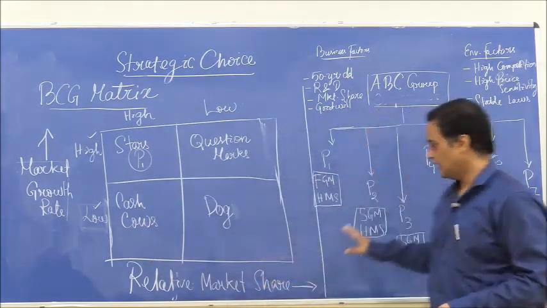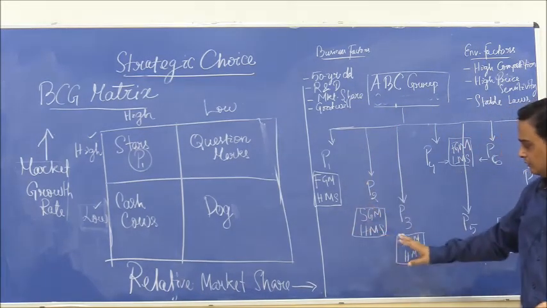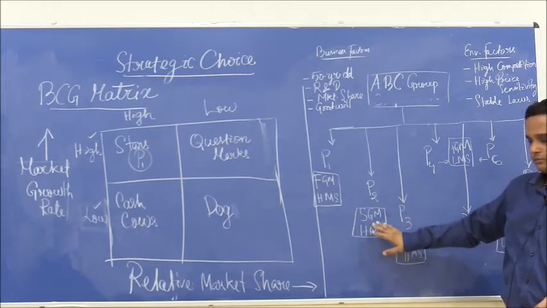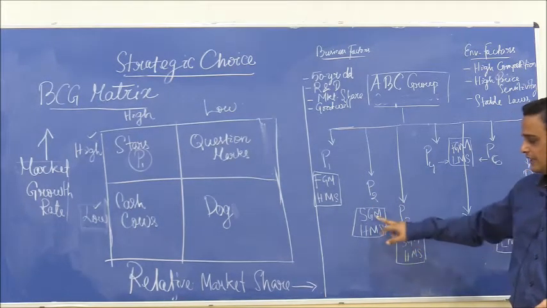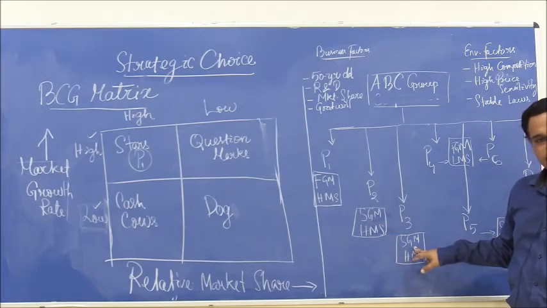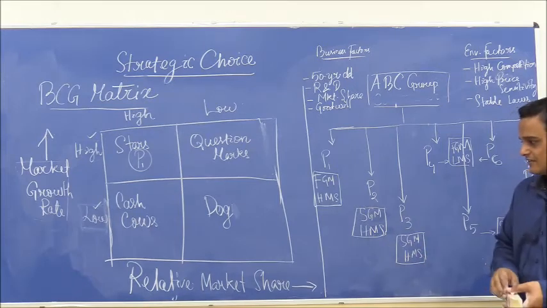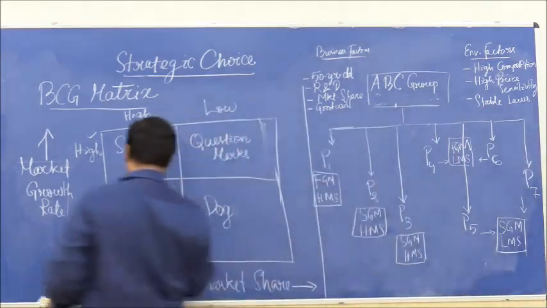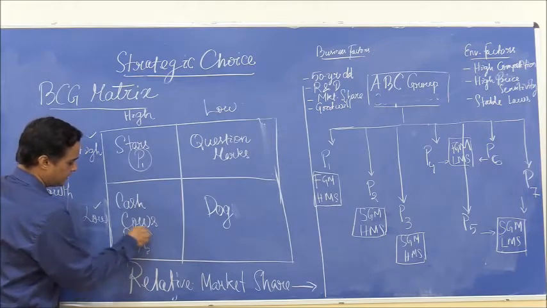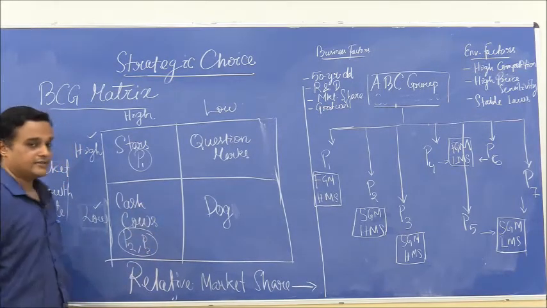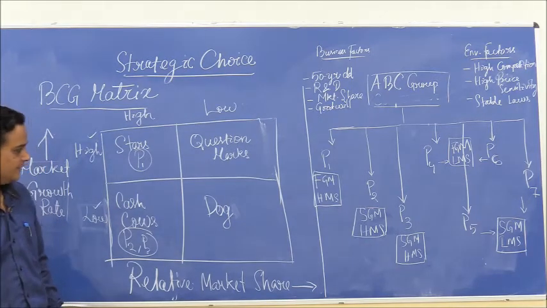So, in this picture of ABC group of companies, we have P2 and P3 as brands which operate in slow growing markets with relatively high market shares. So, we have P2 and P3 as cash cow companies or cash cow brands.